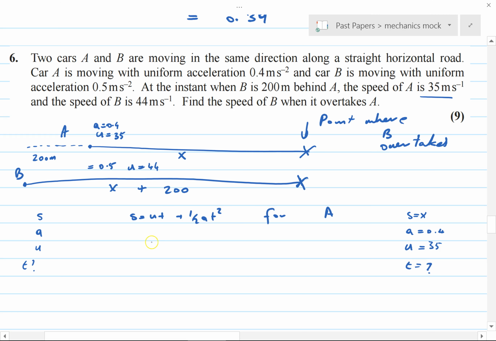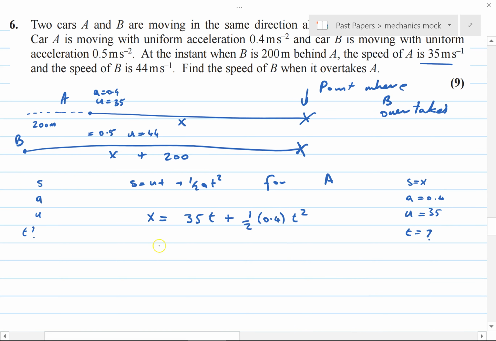So x equals 35 times t plus a half times 0.4 t squared. So x equals 35t plus 0.2t squared.